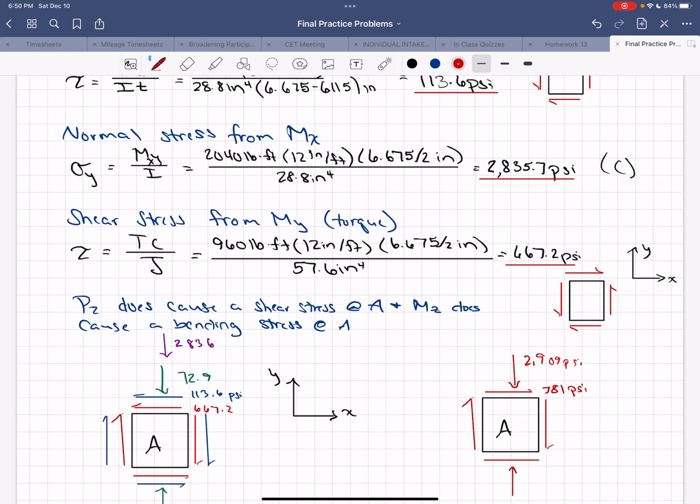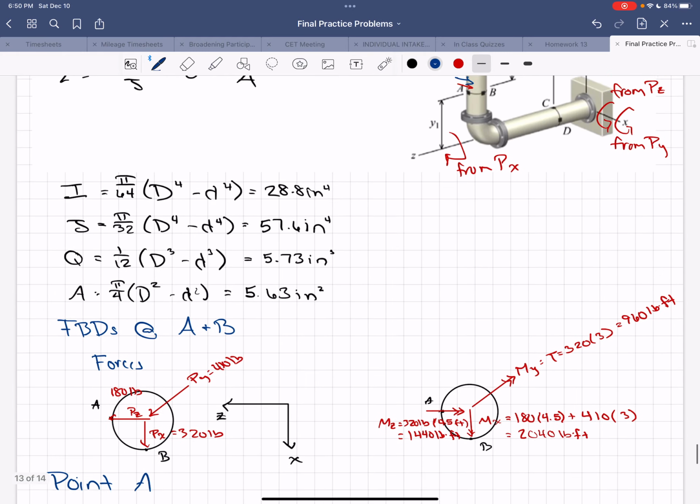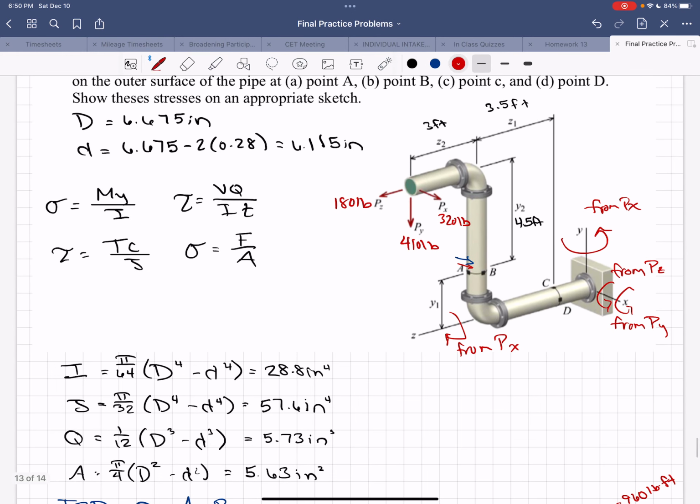All right, let's look at point C. We need to draw free body diagrams at C and D. So now what we're doing is cutting it here, moving all these forces to here, which means that we have to add the moments there.